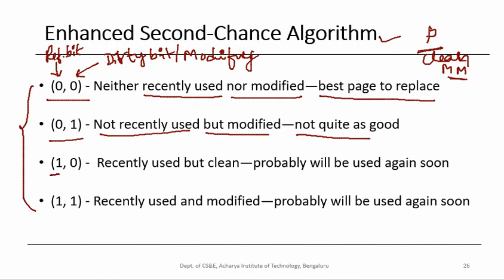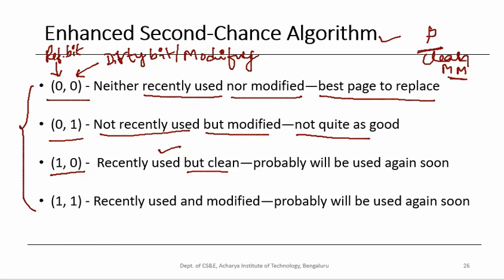The next combination is 1 and 0, which means that the page is recently used but it is clean, in the sense that after it has been brought into the main memory, it has not been updated. It is only used for read-only purposes.